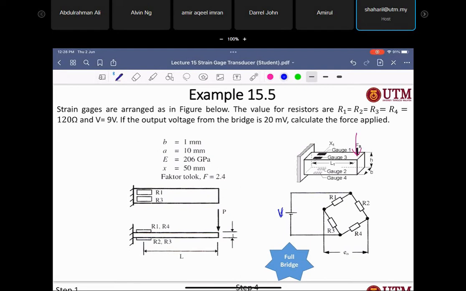Okay, it's a full bridge. So delta V full, okay, it shows that the output of the bridge equals 20 millivolt. So that means the delta V full equals 20 millivolt. Okay, so the formula for delta V full is equal to 4 delta V quarter.